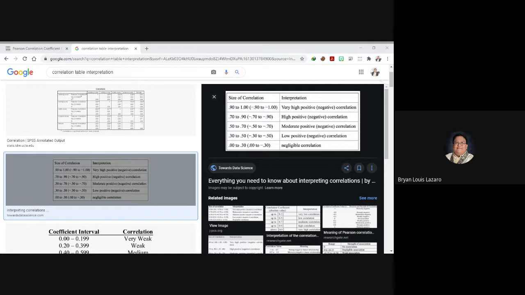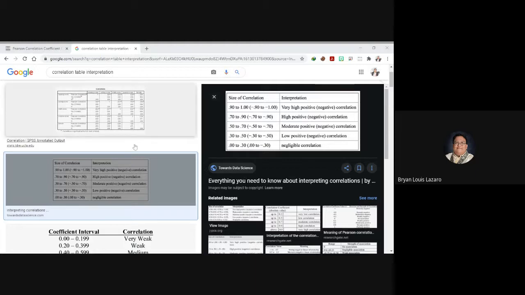When we say negative correlation, class, it occurs when the correlation coefficient is less than 0. This is an indication na both variables move in the opposite direction. And when it is a negative correlation, pababa siya.